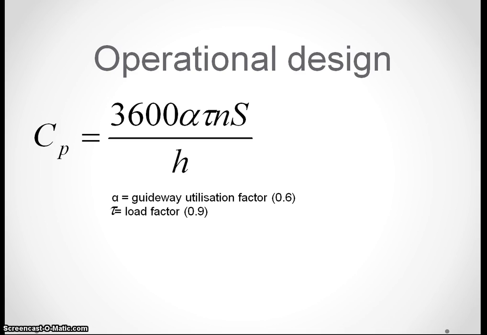Because this is very theoretical, for operational design we have to include the guideway utilization factor 0.6 and load factor 0.9. This is to cater for peak hours, or for sudden surge in demand.